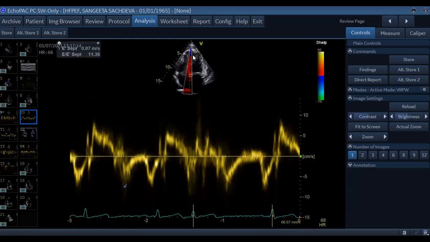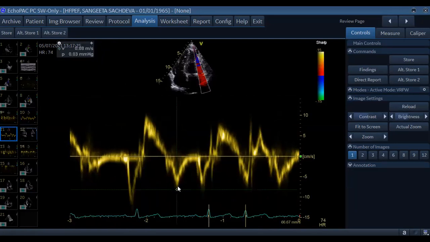We open up tissue Doppler, and with this tissue Doppler we measure at the septal annulus, that is 7. So we are measuring at the tip of this as 7. Then we measure at the tip of the lateral annulus, E prime wave, that is 8. You can note down on your piece of paper.